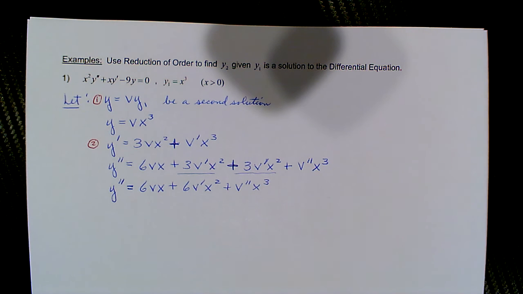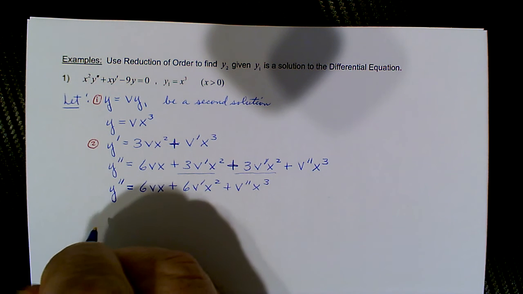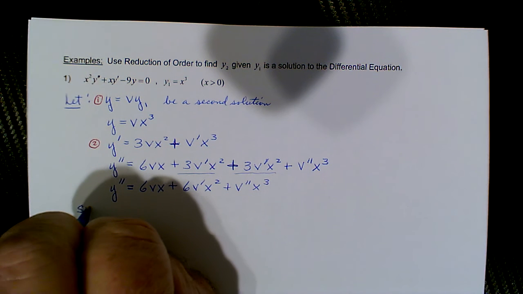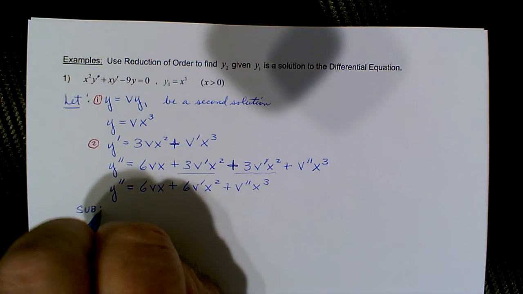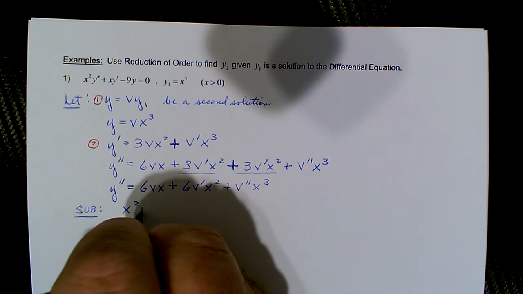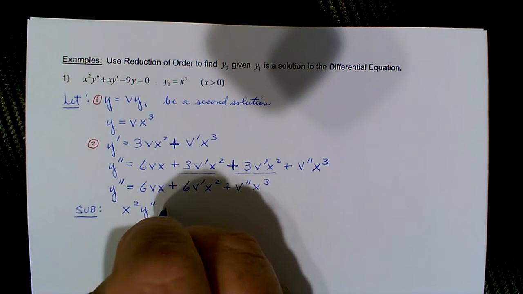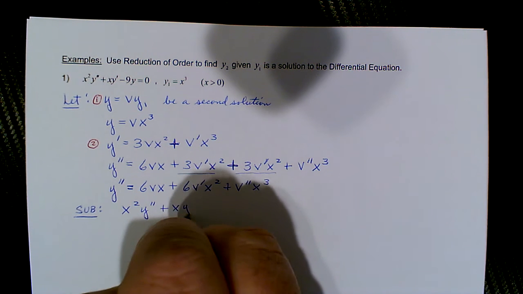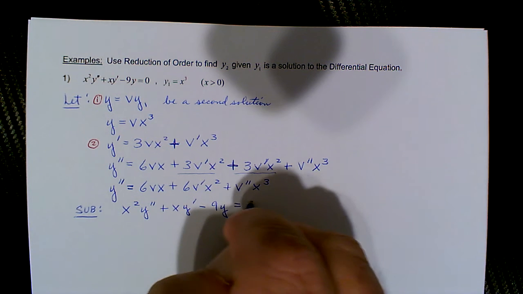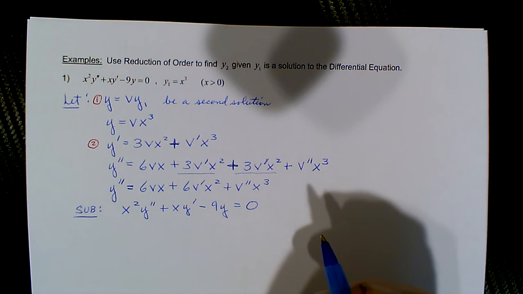And we substitute those into the differential equation. So substituting, still part of step 2. Let me recopy the original. x squared y double prime plus x y prime minus 9y is 0.